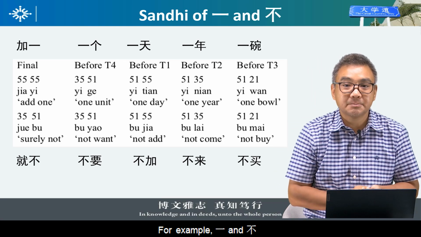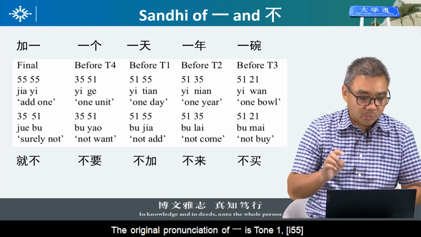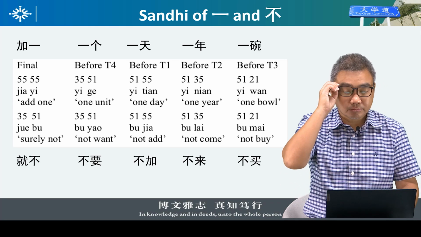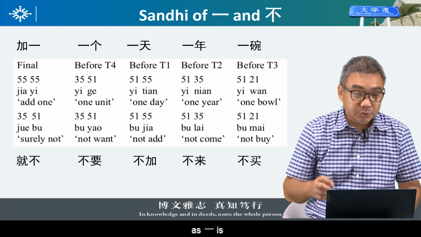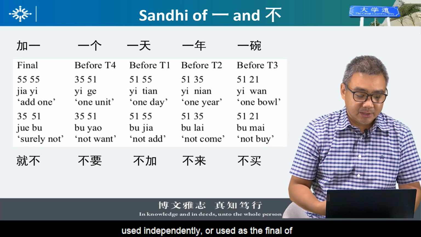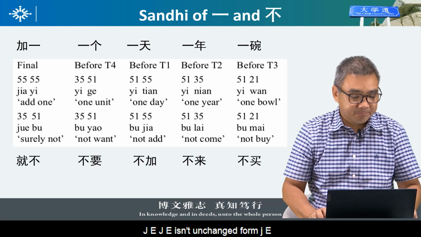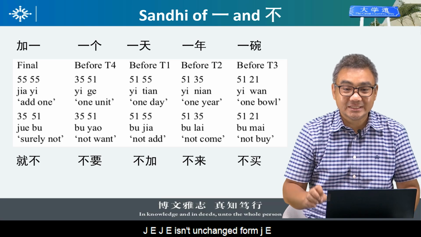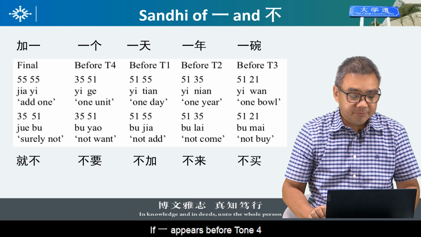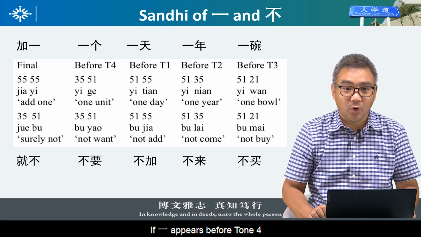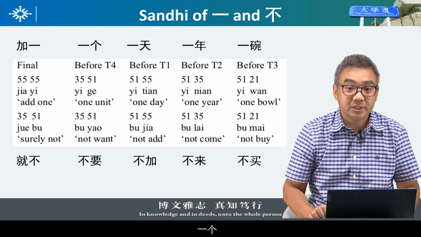And similarly, some particular words also have sandhi. For example, yi and bu. The original pronunciation of yi is tone 1, yi. When yi is used independently or as the final of a disyllabic word, like 加一, this is an unchanged form. Okay? If yi appears before tone 4, it changes into tone 2. 一个.